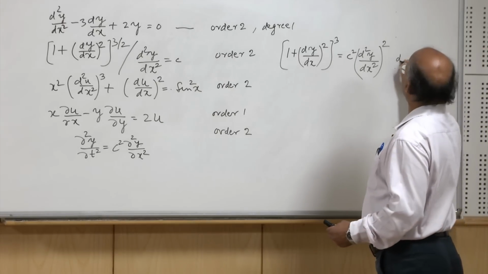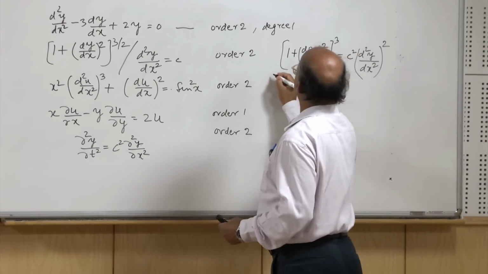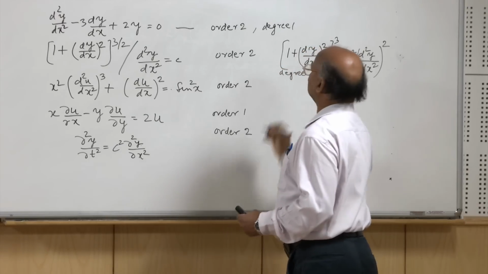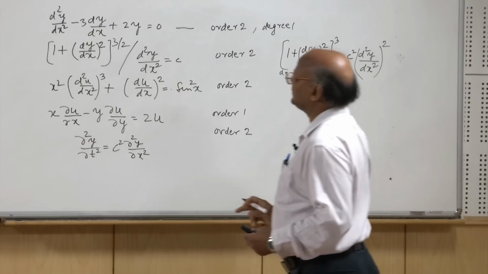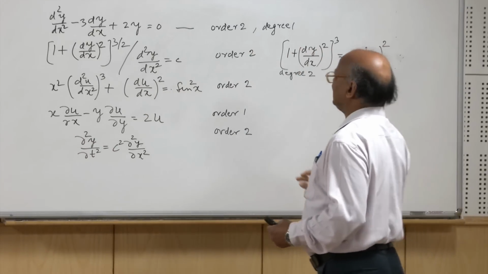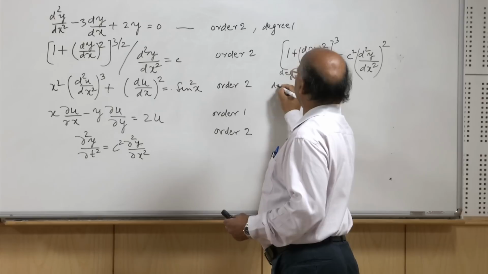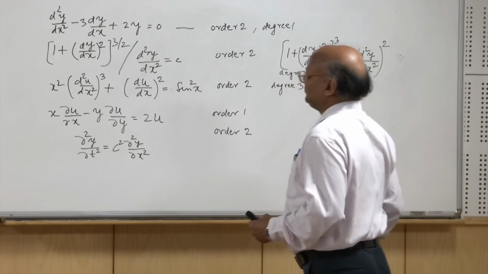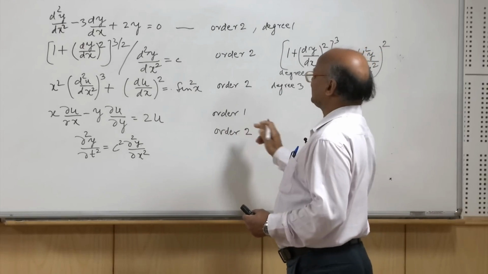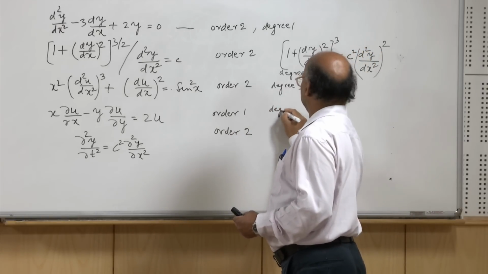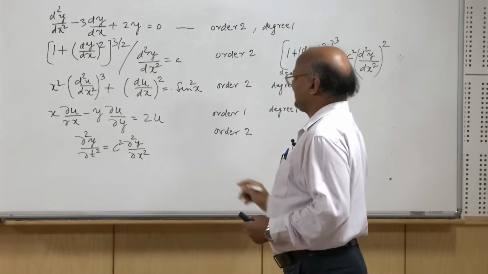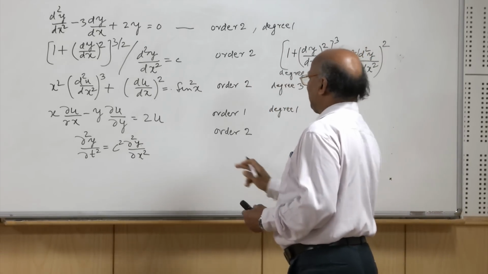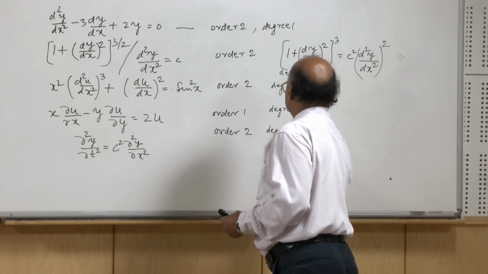So, it has degree 2. Here the highest derivative is the second derivative and its power is 3, so it is of degree 3. Here we have first order derivatives only, the order is 1, so degree is also 1. Here we have second order partial derivatives with respect to t and x, and the power is 1, so we have degree 1.